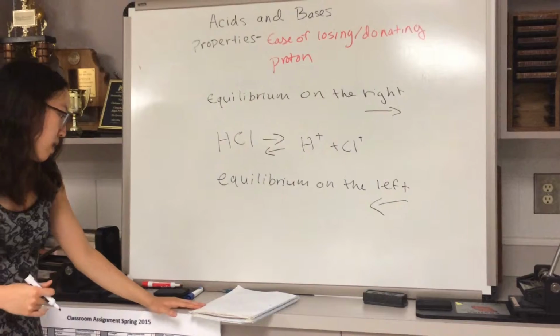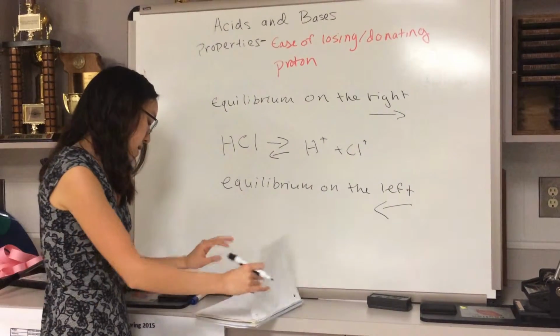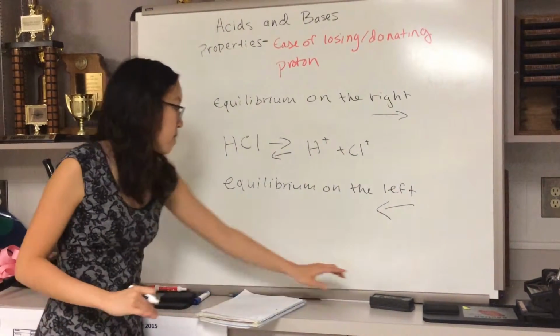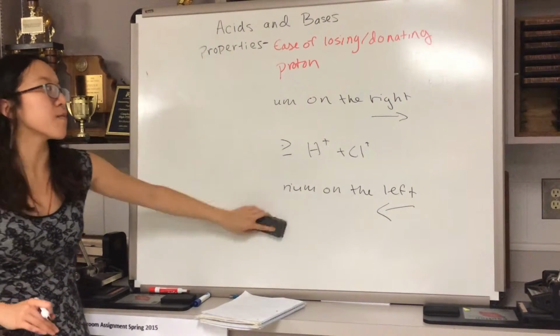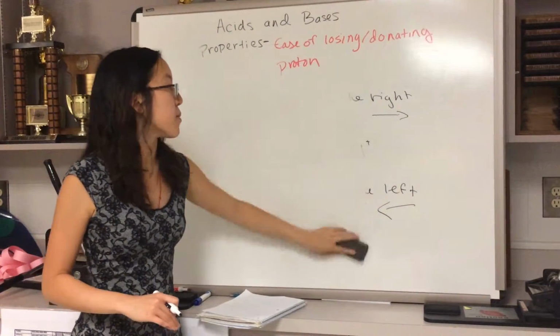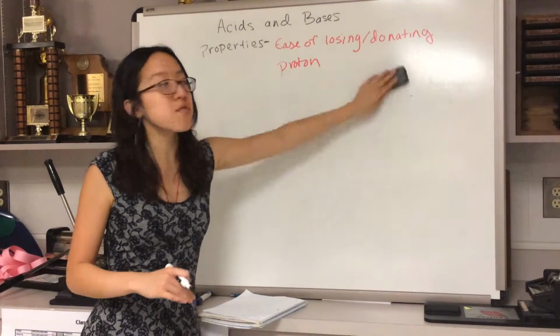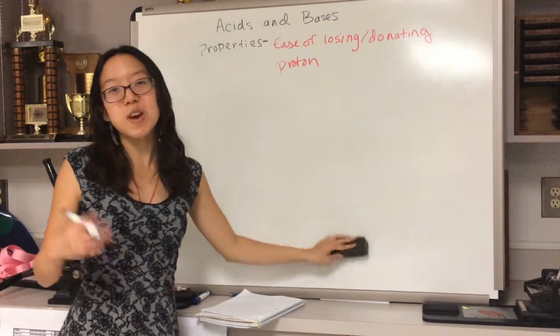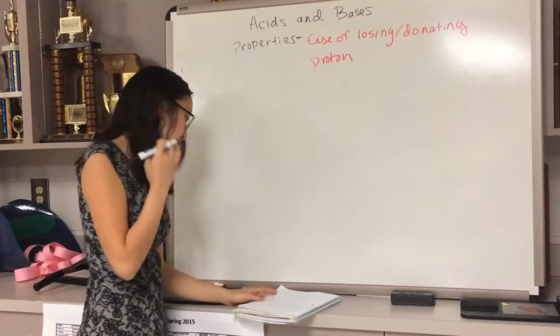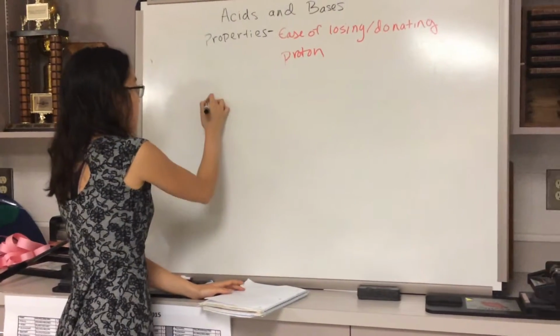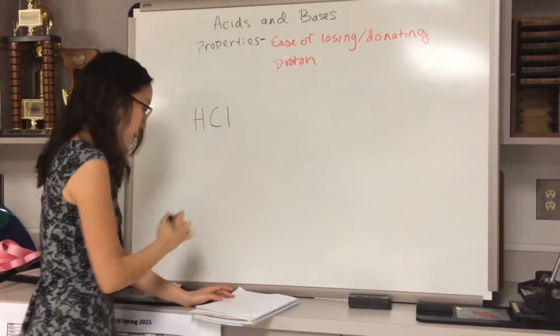Okay? And there are certain strong acids and strong bases, or weak acids and weak bases, that you just have to memorize. There isn't really anything you can do about it. It's just something you have to think about if you're taking AP exams or IB exams or whatever. So here are some strong acids that are really important.